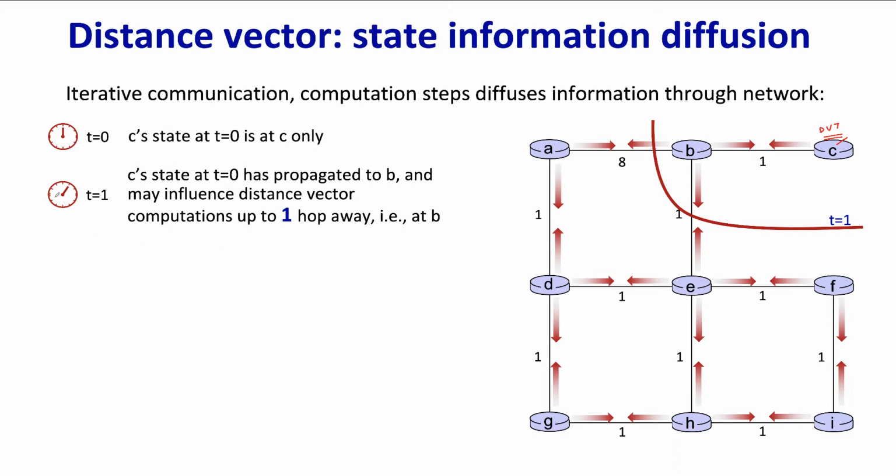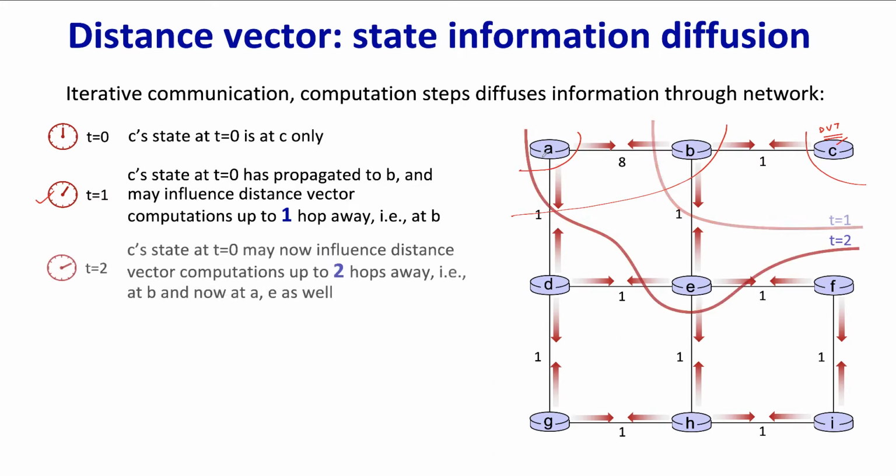This is at T1. At the same time at T1, if you look at A, you will do something like this, right? Because A at T0 is the same as what we had before. Now at B, you will have the same thing. At this point, C will be aware of A in the next iterations.